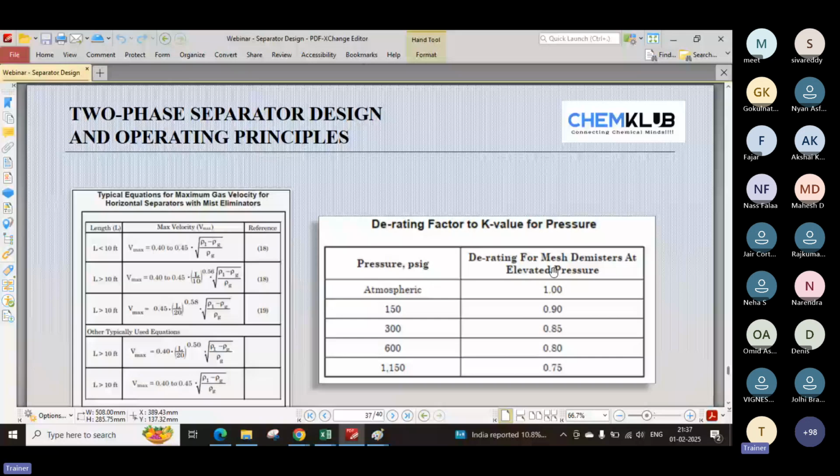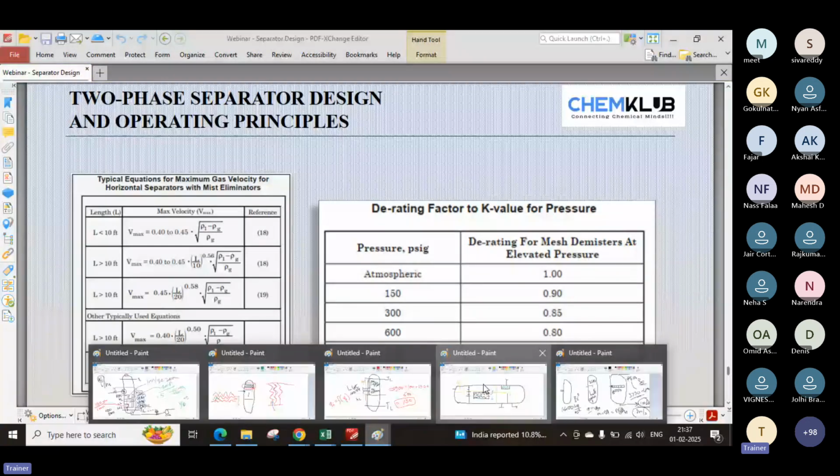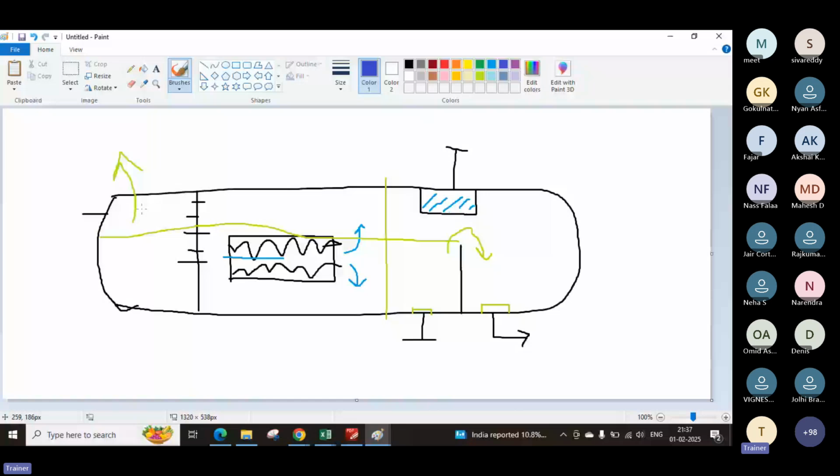So these are the typical length considerations. When you have horizontal separators, let me open this. Suppose this is a horizontal separator and your gas is coming into this side, a two-phase fluid or three-phase fluid. This is directly opening to a higher area vessel or higher area pipe.